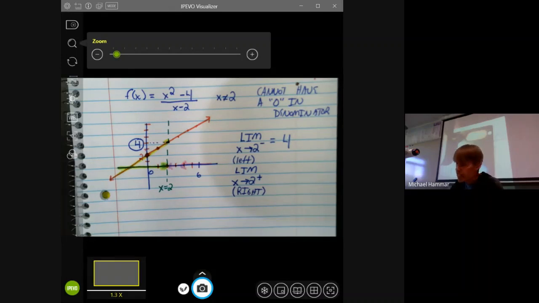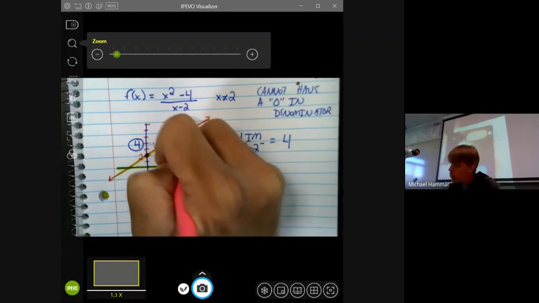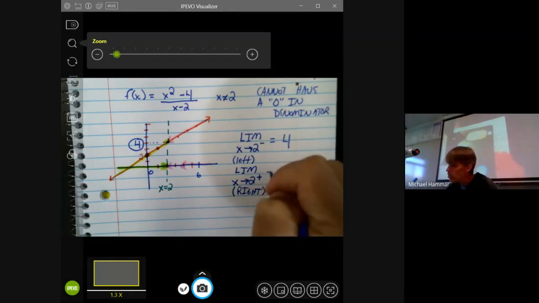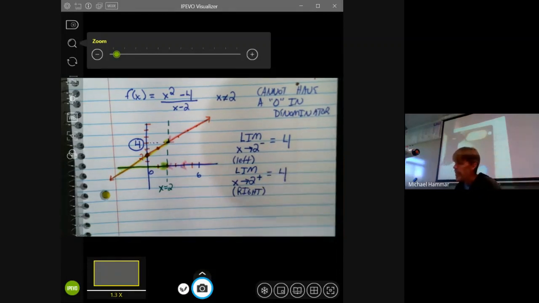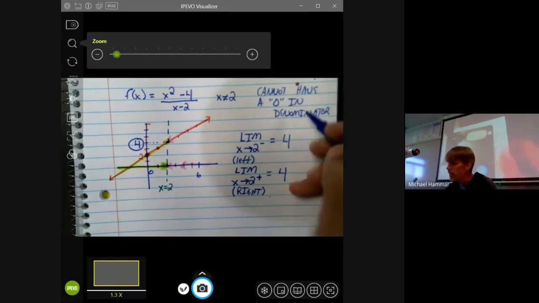Now remember, it's the x value of 2. So I'm tracing down this graph, and right when I get close to 2, notice that it has the same value. So the limit as x approaches 2 from the right side is also equal to 4. Okay? So this is what we're doing when we find a limit. We check it from the left, we check it from the right.